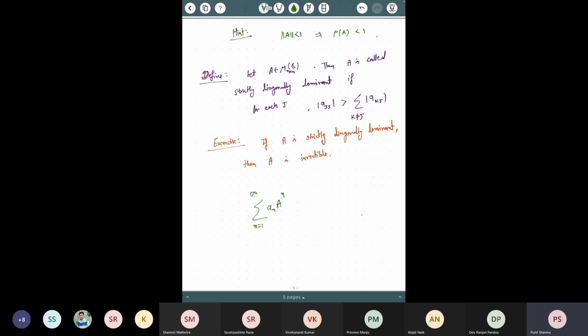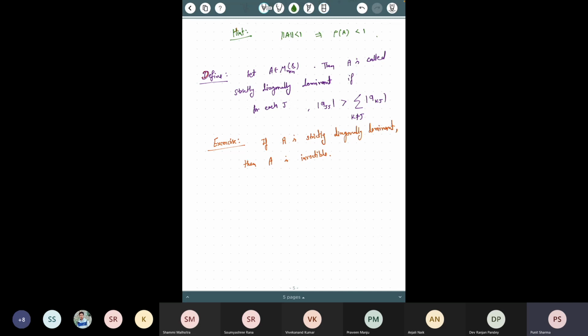In other words, we are trying to characterize matrices A such that A to the power k goes towards 0 when k goes to infinity. So that means every entry of A to the power k converges towards 0 when k tends to infinity. This is what we are trying to do next.